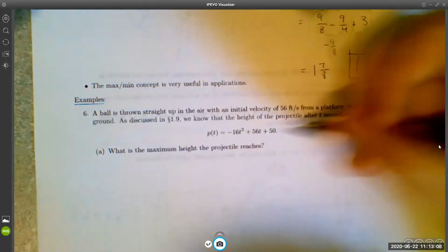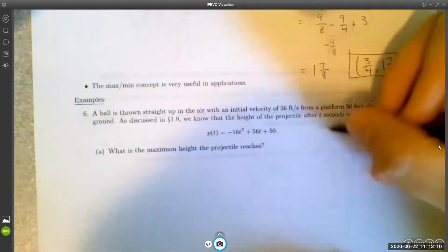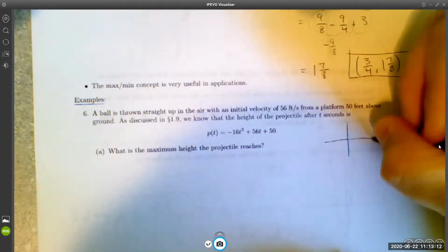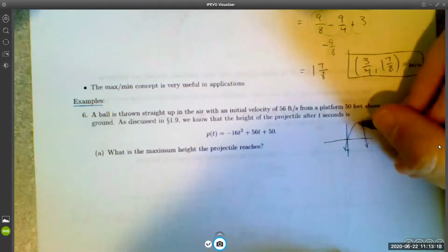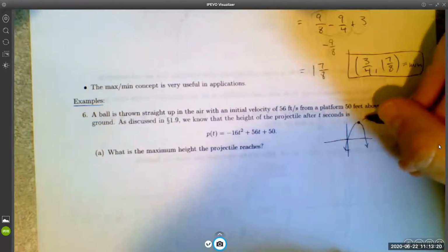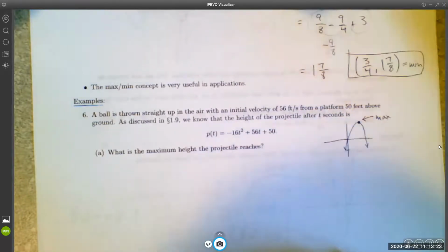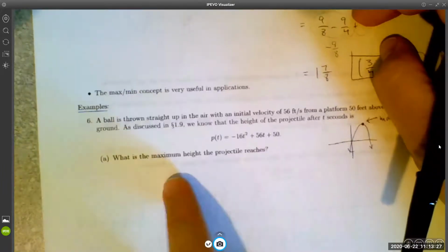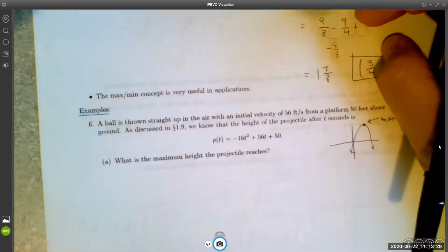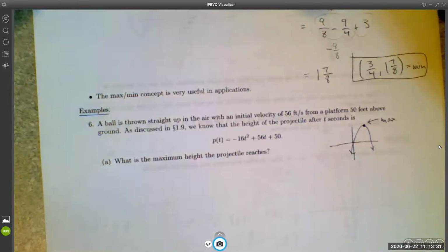Well, this is quadratic. Its graph is a parabola, and that parabola opens down because of the negative sign out in front, which means you've got a maximum, and that maximum happens at the vertex of the parabola. So this is just a fancy way of asking, what's the vertex of this parabola? So let's find it.